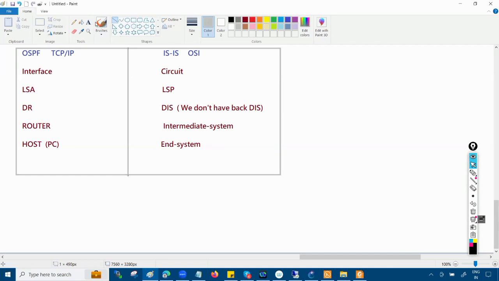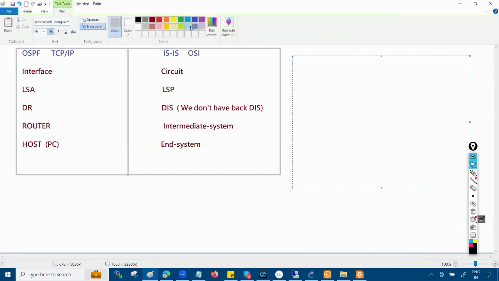Right? Now, in IS-IS protocol, this is the most important point. Have a look. In IS-IS protocol, in OSI protocol, we can allocate one interface to a different area, right?